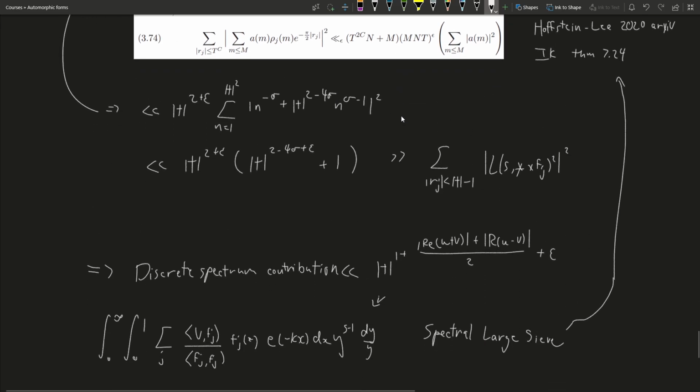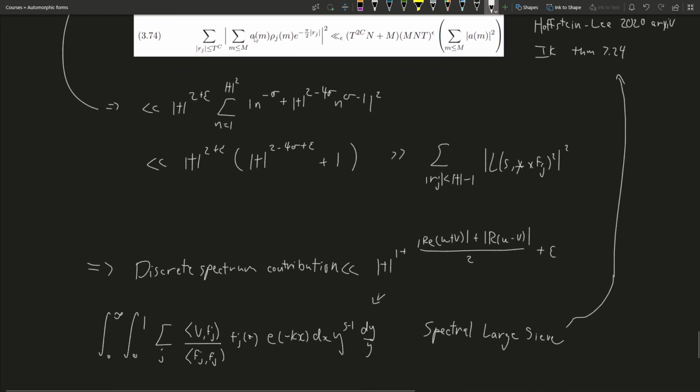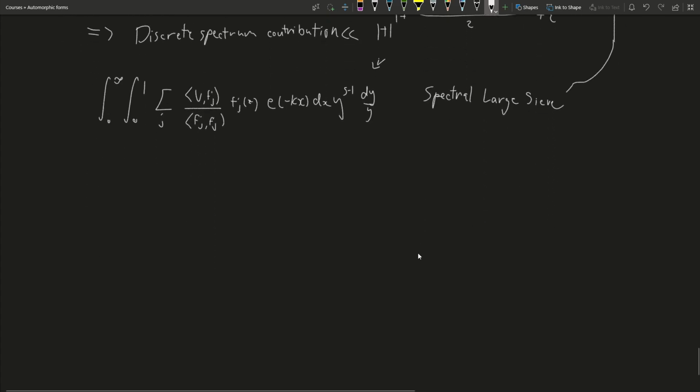It's sort of this idea that you can take the sum over eigenvalues and take some polynomial in the coefficients, and then you can bound it over a sum of the coefficients. I mean, maybe it's the idea, maybe it's the specific formula, but anyway, this combination of techniques, and crucially, this fact is what gives you the spectral large sieve. And people often say that this is Lindelof hypothesis on average.